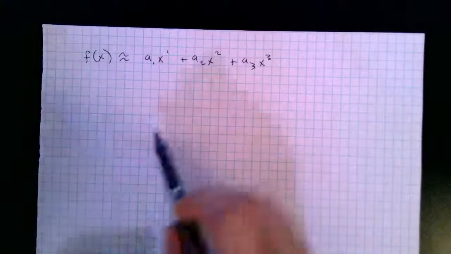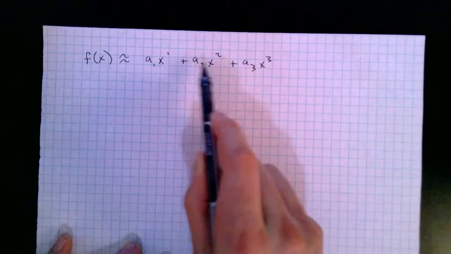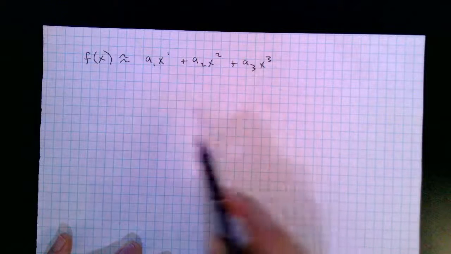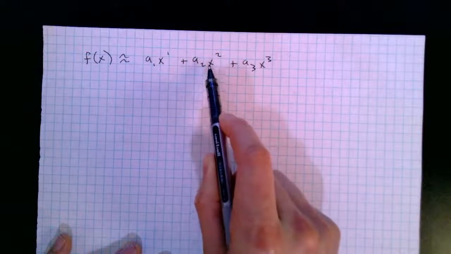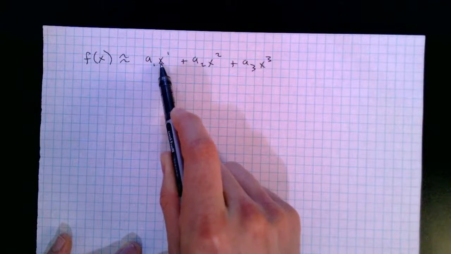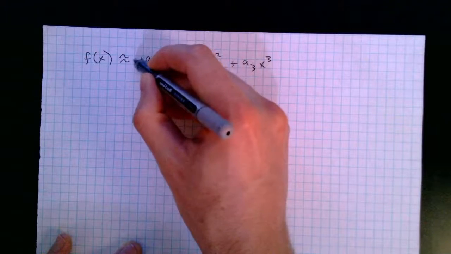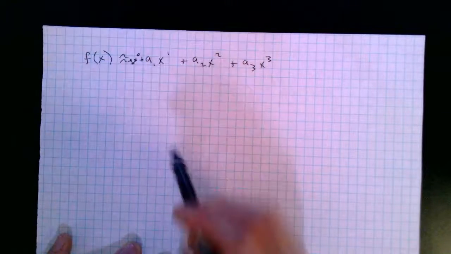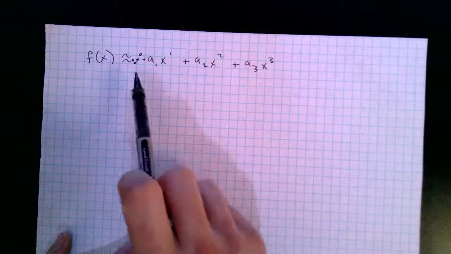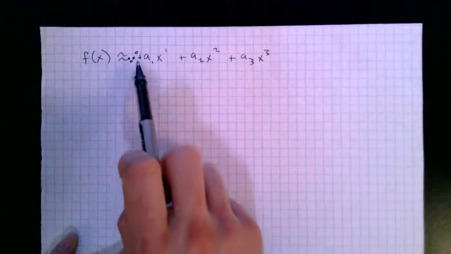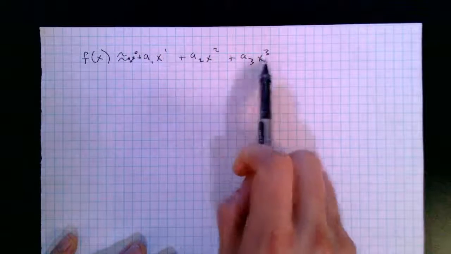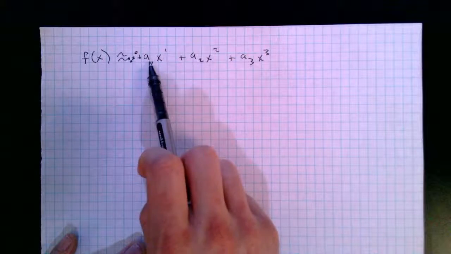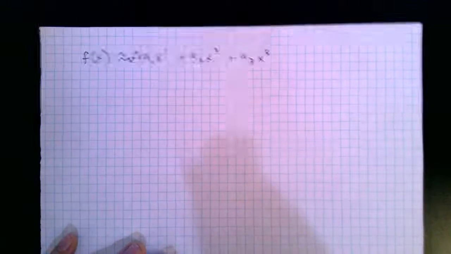And what you're trying to get it in terms of is x to the 0, so a0. Can't forget that constant term. Your powers of x are ascending like this, and really your goal is to compute these coefficients.